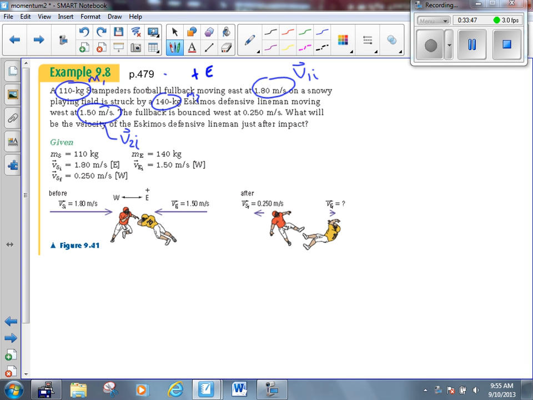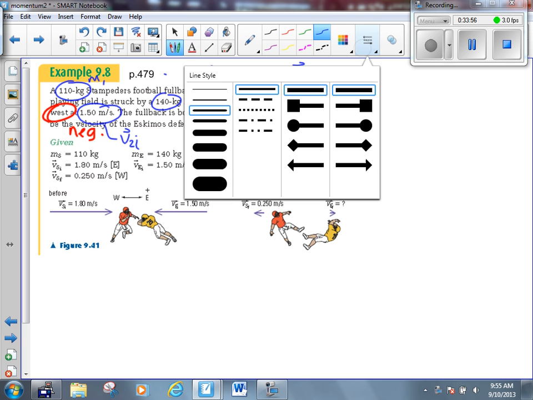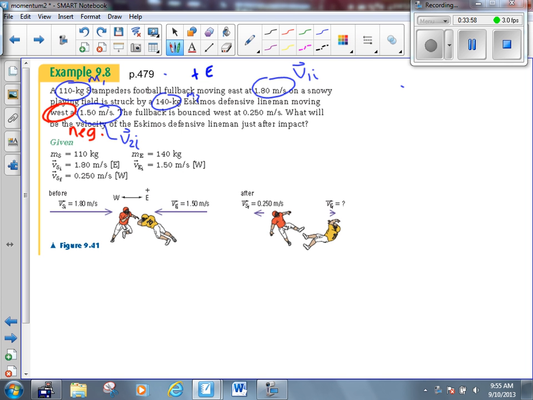Let's circle that west to remind us that that's going to be a negative value, right? Because it's to the west. And we don't want to forget that. The fullback is bounced west. The fullback is a Stampeders player, so we're going to call that V1. All right, that's the velocity of the Stampeders player, player 1.